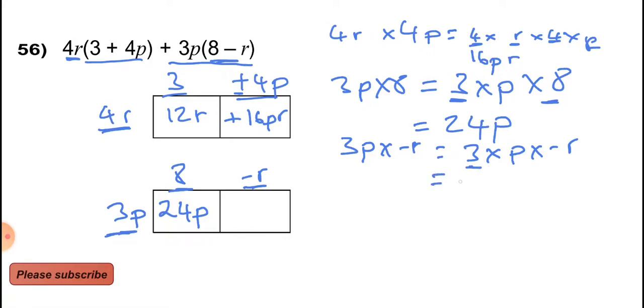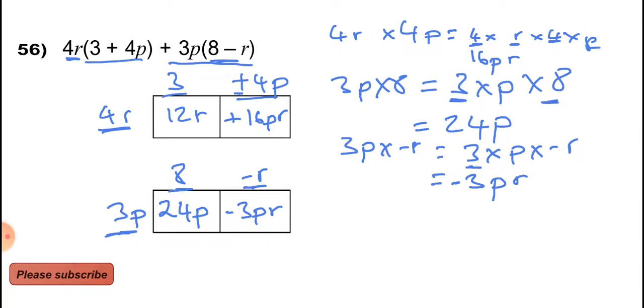So the number comes first, 3 times p keeps it positive, but because we're multiplying by minus r, the answer will be 3 times p times r, but the answer will be negative here. Where 3 times p is positive, so we've got 3p, and then 3p times just r would have been 3pr, but because it's minus r it's minus 3pr, so we copy that down, minus 3pr.